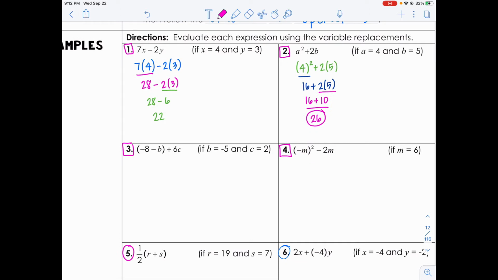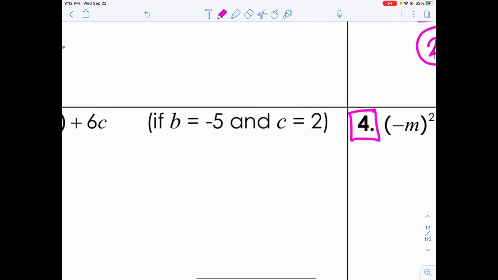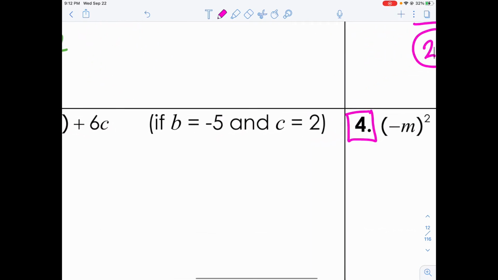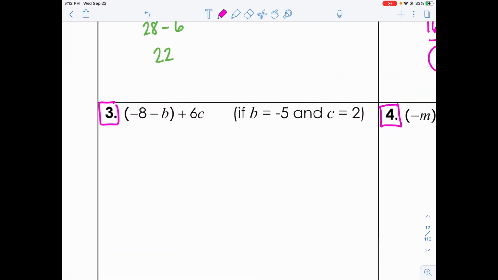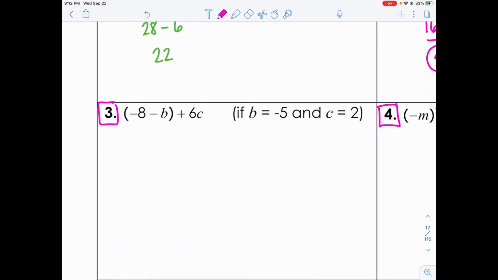Now we're going to get into some more difficult problems. Notice this time when we're substituting, we have some negatives that we're substituting in for our variables. For number 3, it says a negative 8 minus b in a parentheses plus 6 times c. When you're substituting in, remember, you need to substitute it in inside of a parentheses.